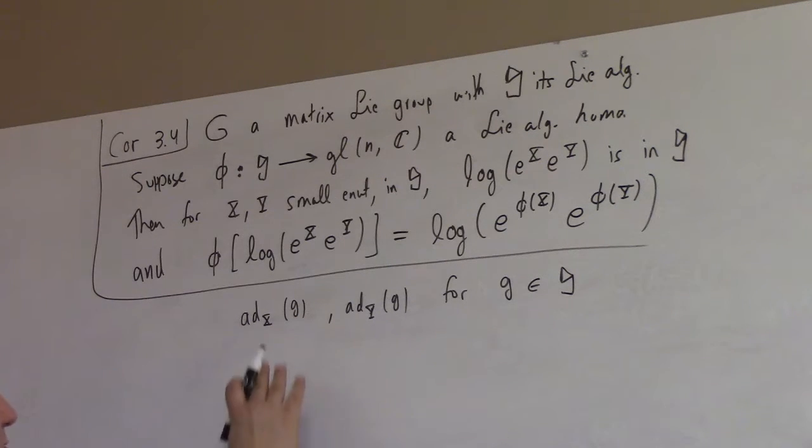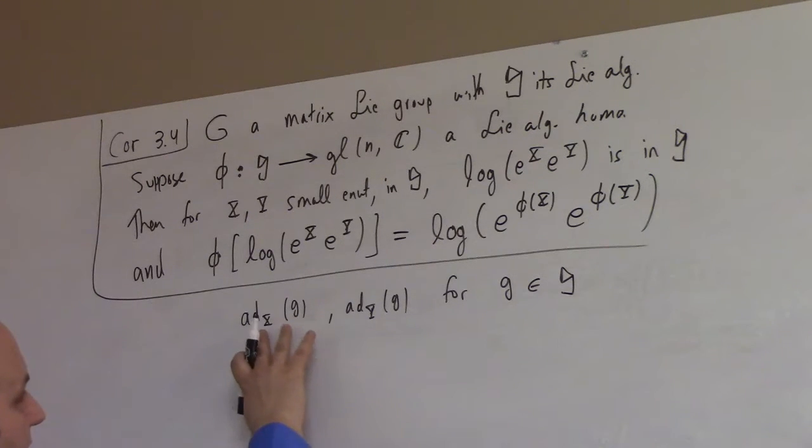I think that's true because this should be the bracket of X with g and bracket of Y with g, which is again in g because g is a Lie algebra. And we're assuming X and Y are in fraktur g.